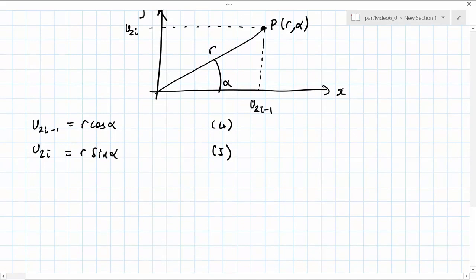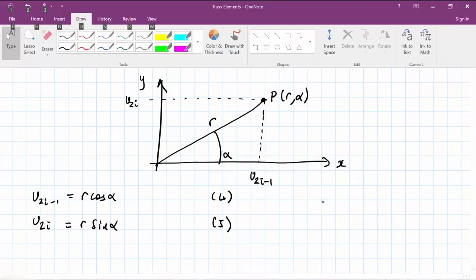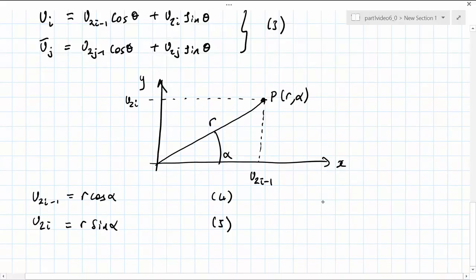We now need to rotate the axes so that they coincide with the angle of the local element system, which in this case is inclined to an angle theta. We can draw this new set of axes on our diagram using red ink. The horizontal axis being x bar and the vertical axis being y bar. And as we said before, this is inclined at an angle of theta.